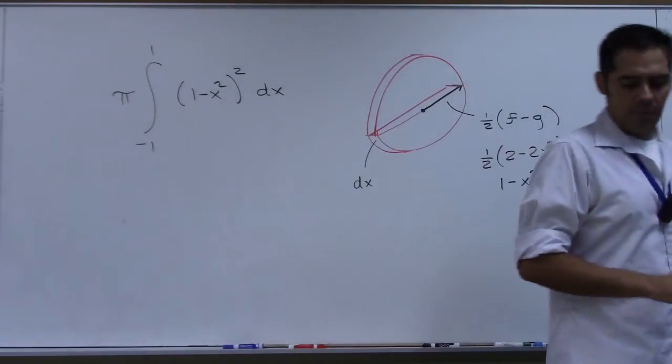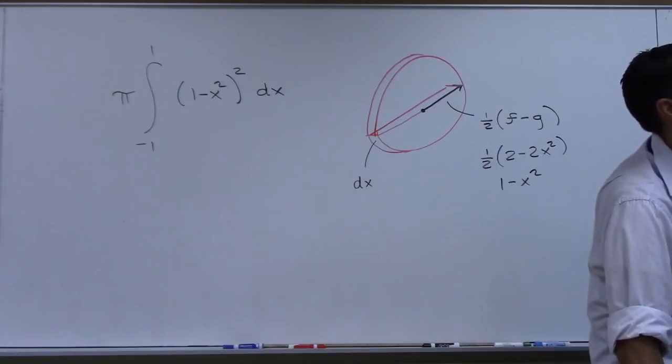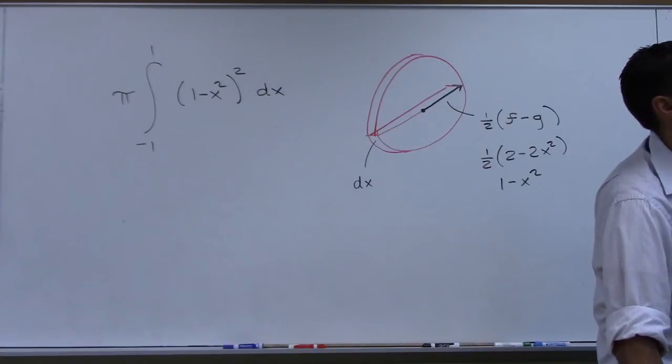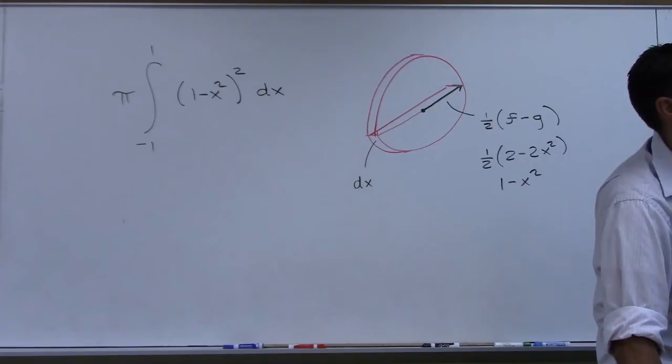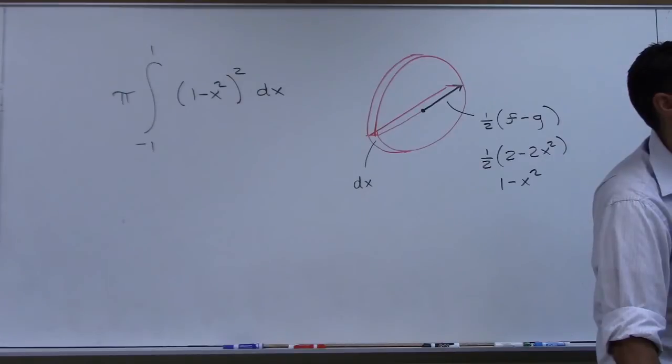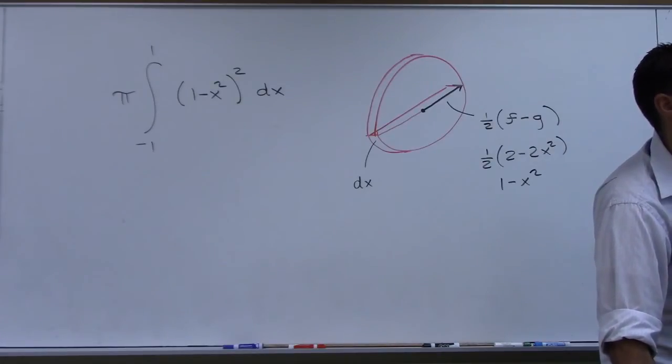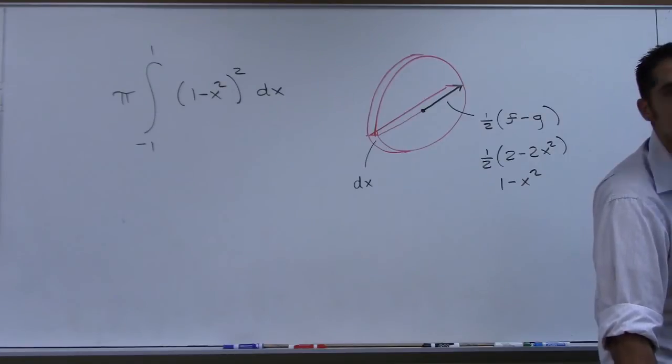Last one. Oh, I never showed it to you. Circles. So there's a circle moving through, and there's the solid. We can find the volume of that.